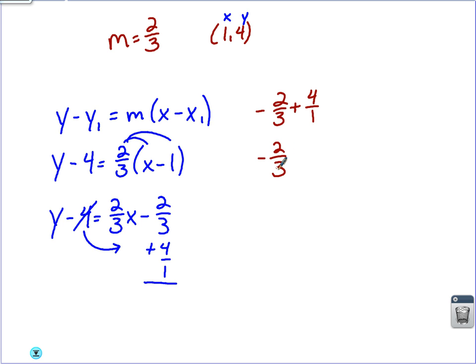So now I have negative 2/3 plus, multiply top and bottom by 3 to obtain that common denominator, and I get 12 over 3. So a negative 2 plus 12 would give me 10 over 3. So that gives me an equation of y equals 2/3 x plus 10/3.